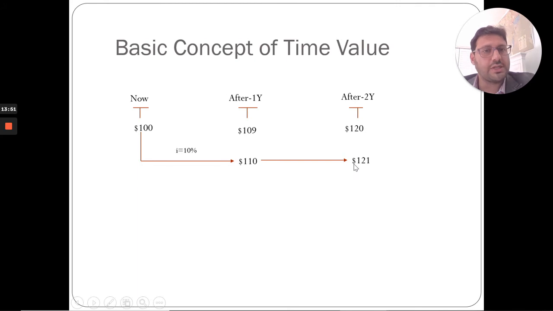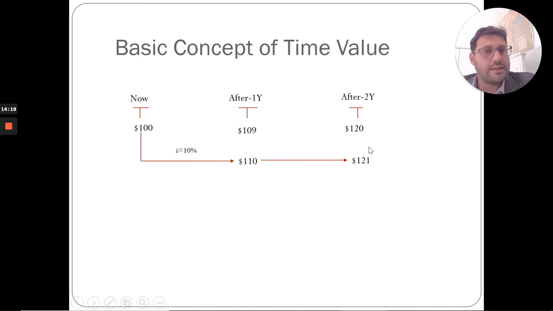If you do the calculation, pause the video over here, you will get $121. And now things are very clear. Among these 3 investment alternatives, we will go with the first one, which means get the $100 today, invest at 10%, and after second year get $121.